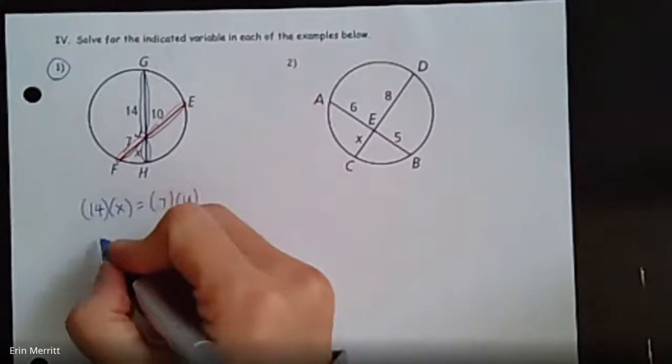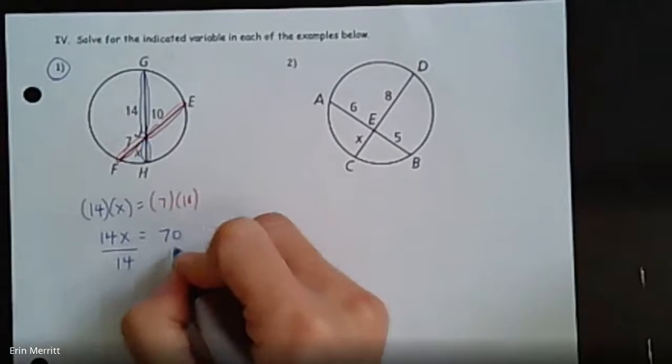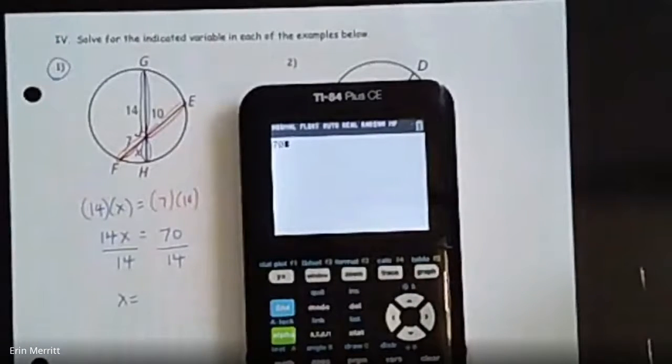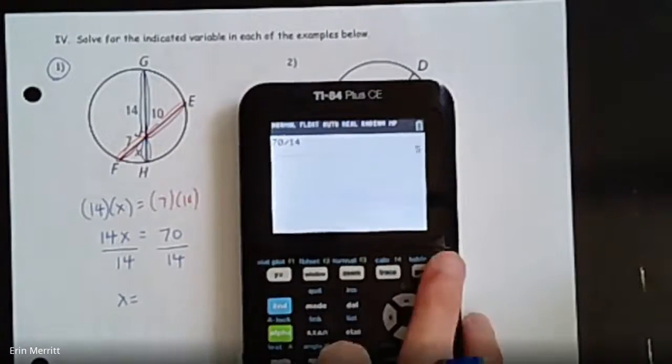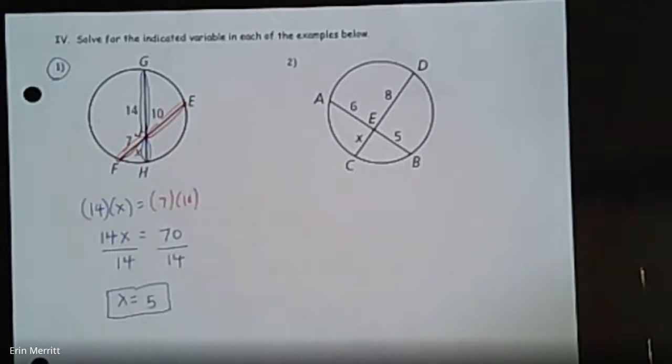So I have 14x equals 70. Divide by 14. And then grab your calculator. Cell phone calculator is plenty good enough for this. So 70 divided by 14, give you 5. That's it for the first one. Number 2 is the same type of question.